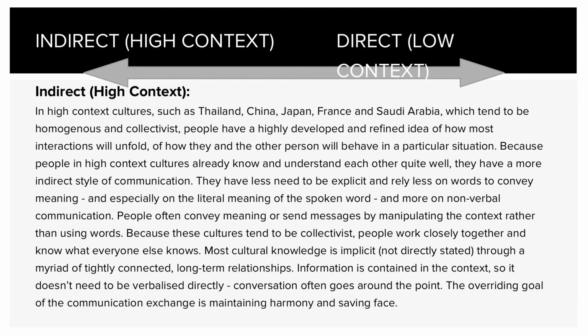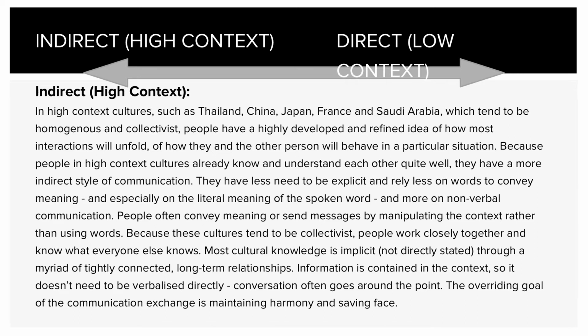Because people in high context cultures already know and understand each other quite well, they have a more indirect style of communication. They have less need to be explicit and rely less on words to convey meaning, and especially on the literal meaning and the spoken word, and more on nonverbal communication.